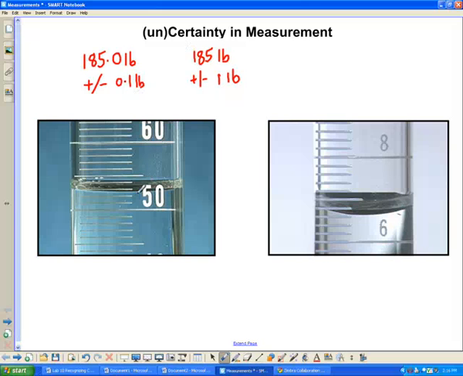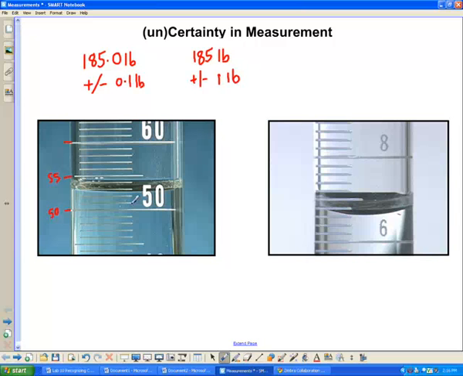Let's now take a look at these graduated cylinders and actually see what we mean by estimating the last value. Okay, so let's start off with this one on the left. You can see that this point here is 50 mL. If that's 60, then this line here must be 55. So right off the bat, I can tell my volume here is somewhere between 50 and 55 mL. But I can go one step further.